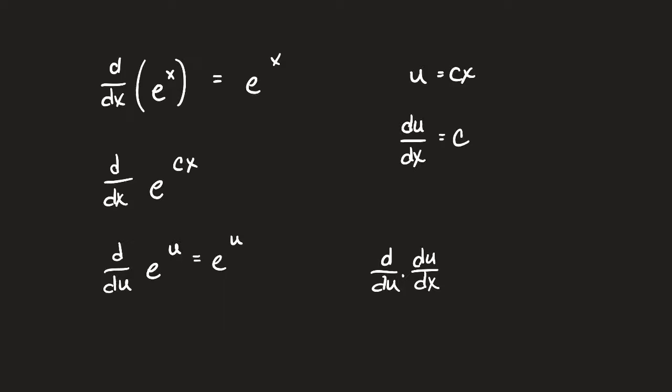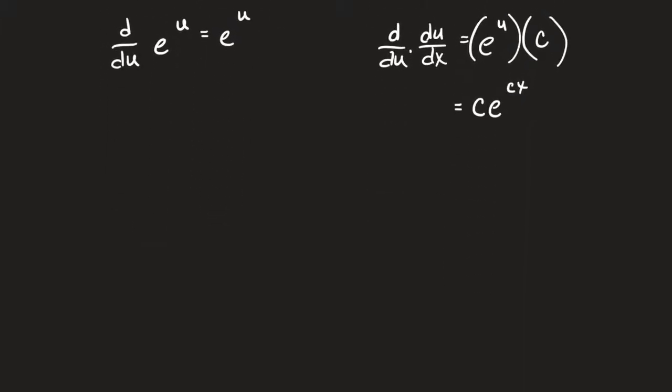So when I put these together, I get e to the u times c. Substituting everything in, I'm going to get c e to the cx. Now, there shouldn't be many surprises there. The vast majority of you have done this, but some people in the back are stretching the c. We good? Okay.